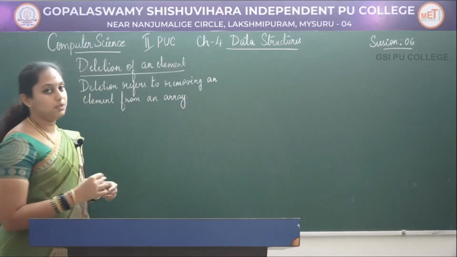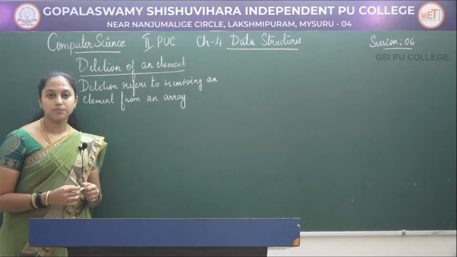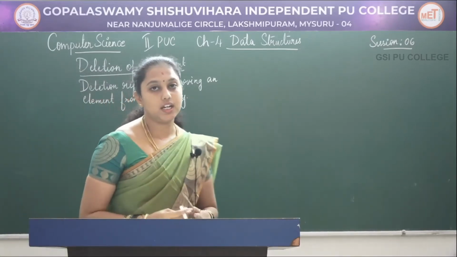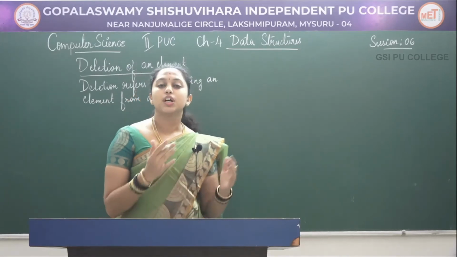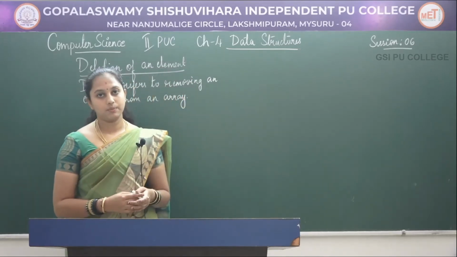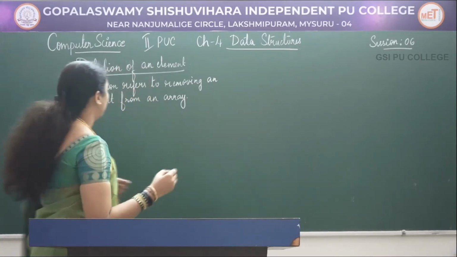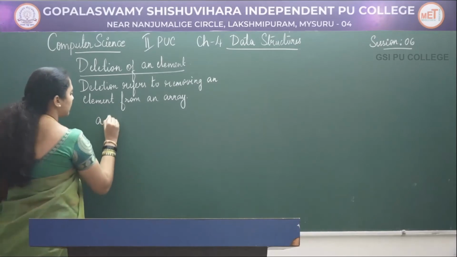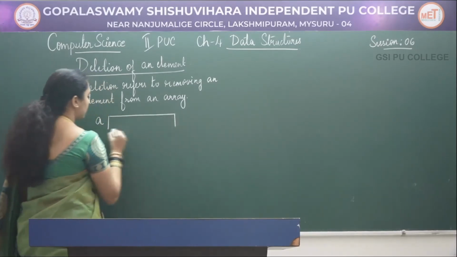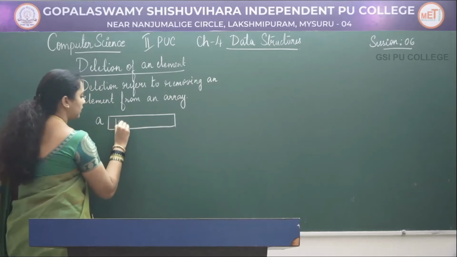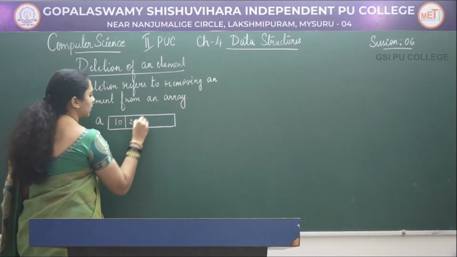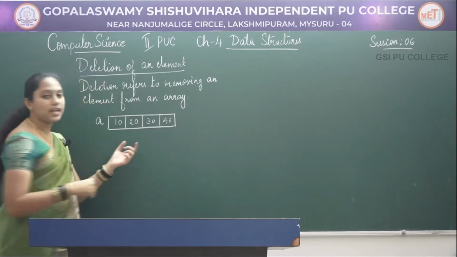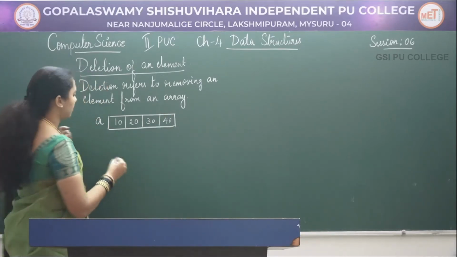When a particular element is deleted from an array, all the subsequent elements in the array have to shift to their lower positions. Consider an array called A, which contains elements 10, 20, 30 and 40 as its array elements.